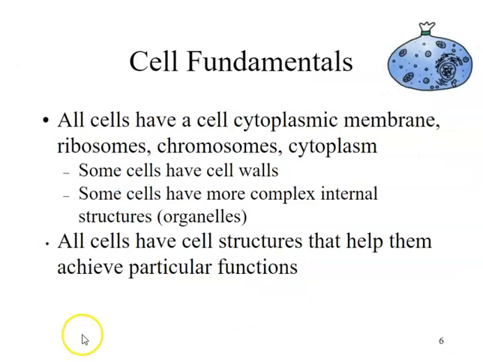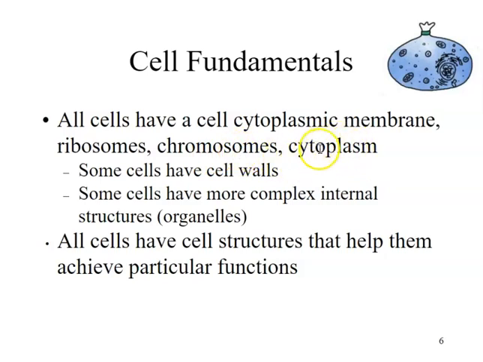All cells have some basic building blocks in common. They all have cytoplasmic membranes, membranes that bound the cells. They all have ribosomes, which make proteins. They all have a chromosome or chromosomes, which is DNA that contains genetic information.